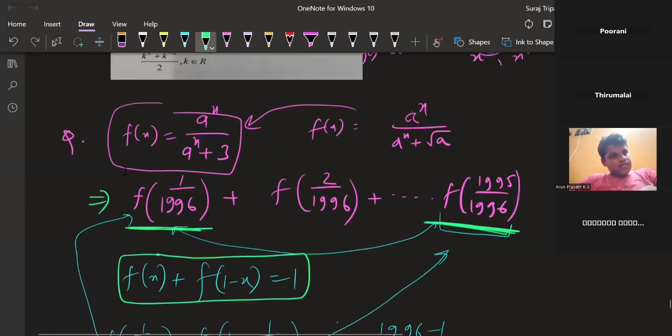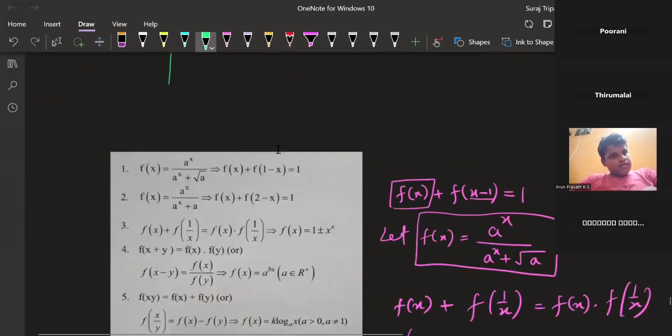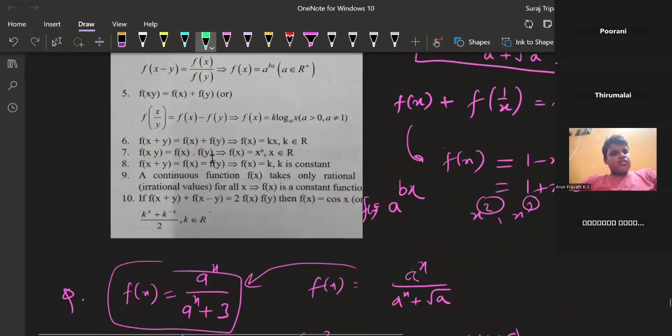If any f of x is looking like this, a is some number raised to x, divided by the same number raised to x plus root a, then f of x plus f of 1 minus x will always be 1. Right? So as you can see, question number 7 from page number 82.